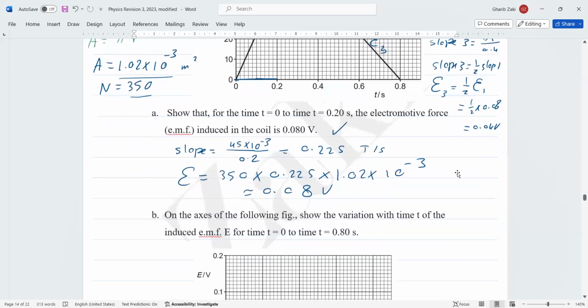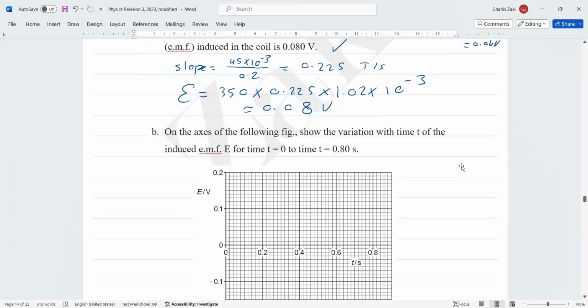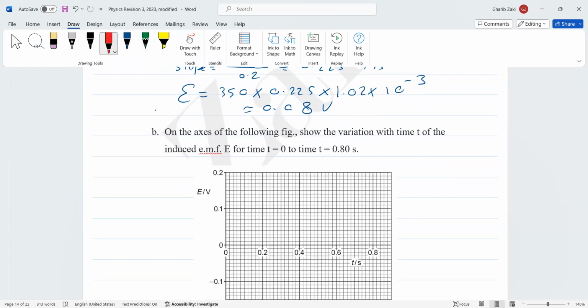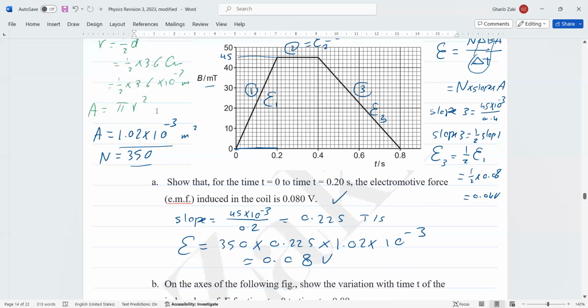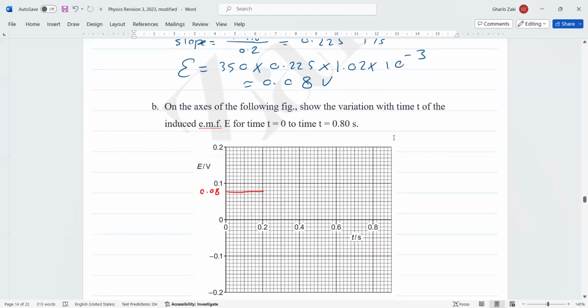Now we need to draw the sketch. First, from 0 to 0.2, the value of EMF induced is 0.08 here. From 0.2 to 0.4, EMF is 0.